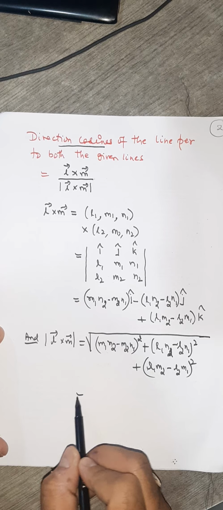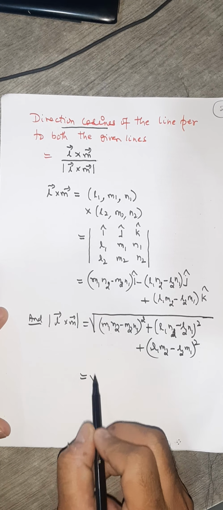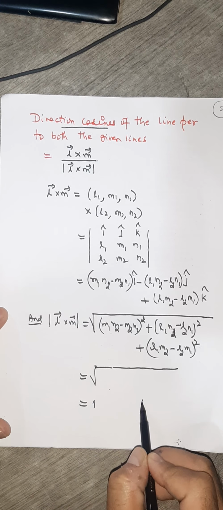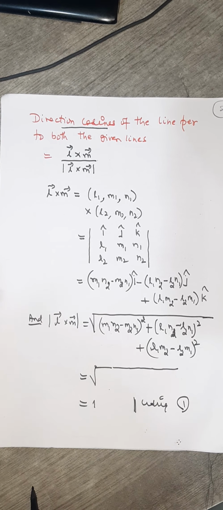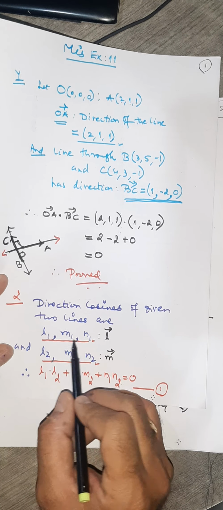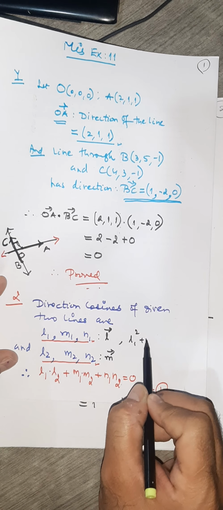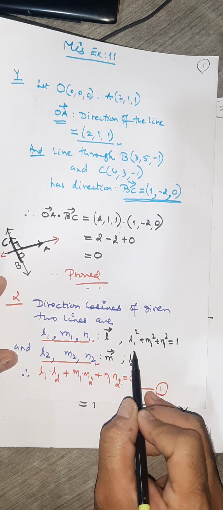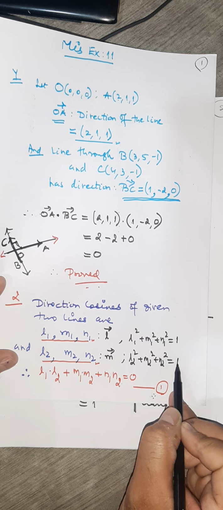You need to simplify this. Open all these brackets and use equation 1. You'll get 1. Using equation 1 you need to use, remember, and this one also. Here these are the direction cosines, therefore L1 squared plus M1 squared plus N1 squared is 1, and L2 squared plus M2 squared plus N2 squared is also 1, right?